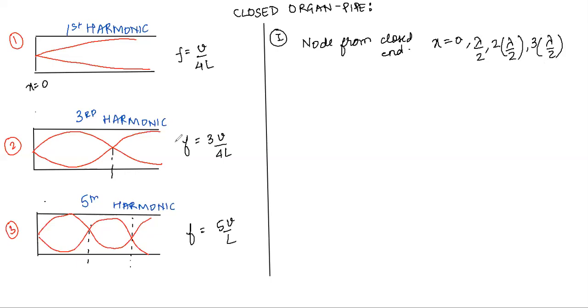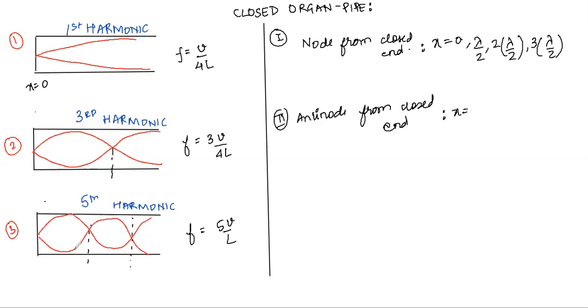Yes, sir. Okay. What about the location of the antinode in this case? Antinode from the closed end. Here the antinode from the closed end will be at x is equal to first lambda by 4.